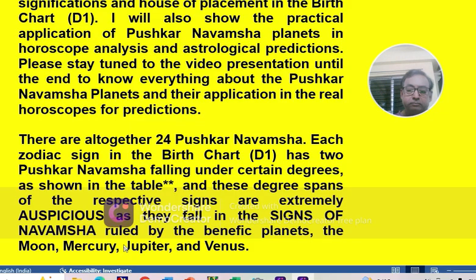So there are altogether 24 Pushkar Navamsha in a horoscope. Each zodiac sign in the birth chart D1 has 2 Pushkar Navamsha falling under certain degrees as shown in the table, and these degree spans of the respective signs are extremely auspicious as they fall in the signs of Navamsha ruled by the benefic planets, the Moon, Mercury, Jupiter and Venus.